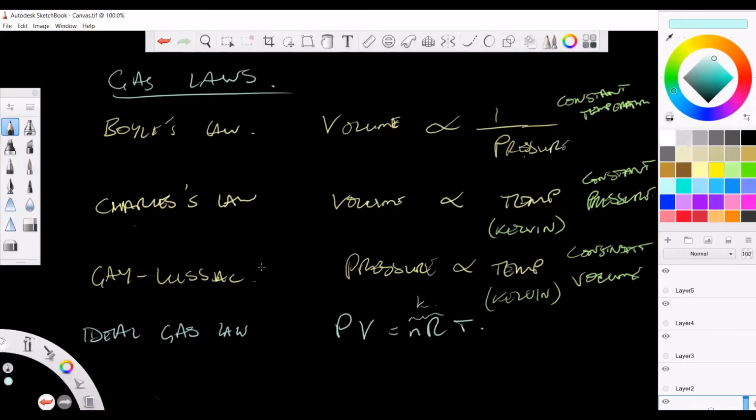Reality doesn't know that Robert Boyle ever existed, or Ray Charles. No, it wasn't Ray Charles who found Charles's law, but I don't know who Gay-Lussac was, or Charles's first name either. But reality doesn't know any of those people existed. Yet, obviously, reality follows these laws, and that's the important thing. And the ideal gas law encompasses all of the laws.